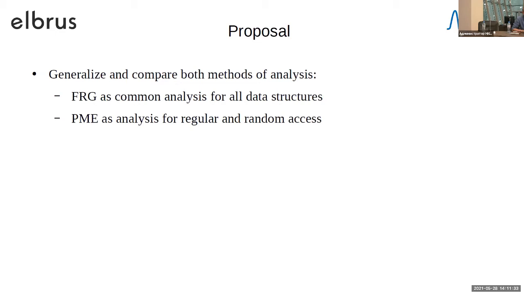For example, FRG is only for structures. So it's used only for three optimizations in GCC. They are structure splitting, structure peeling, and field regrouping, as I remember the name.